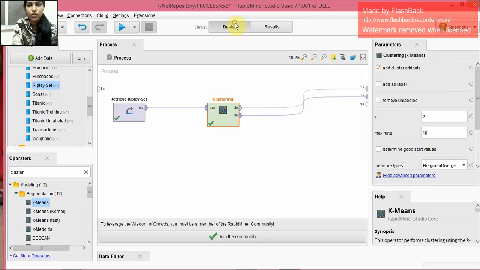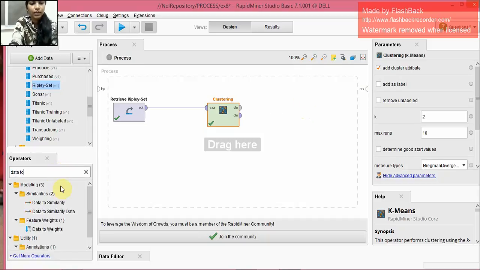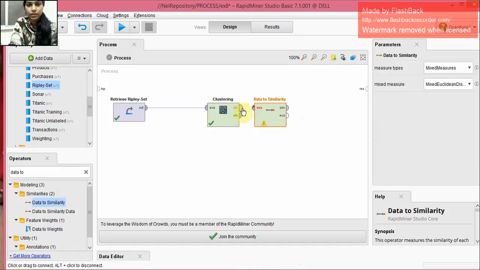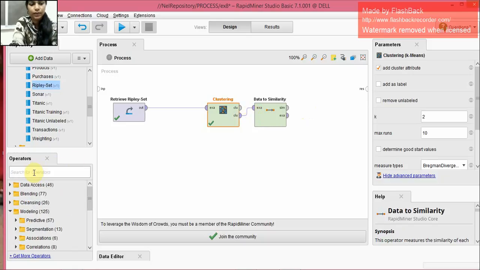Now moving on to check the performance level of this clustering, we use two operators. First is the data to similarity operator, which is used to measure the similarities, and the next operator to be used is the cluster density operator.